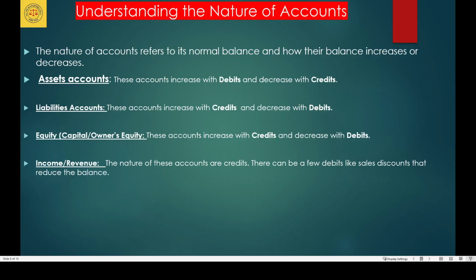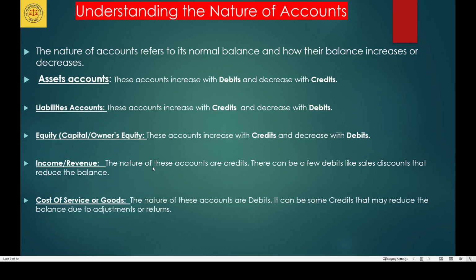We are going to discuss that later on. But the left side of the T account is called debit, and the right side is called credit. We are going to check those concepts later in one of the exercises that we are going to do.